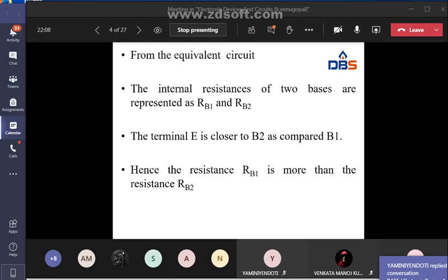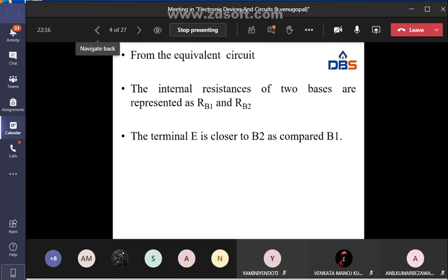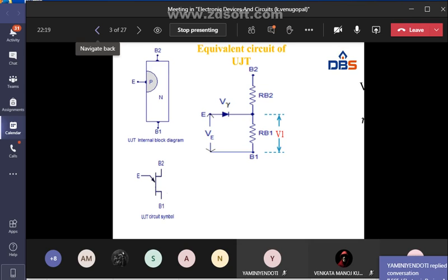Hence, the resistance RB1 is more than the resistance RB2.